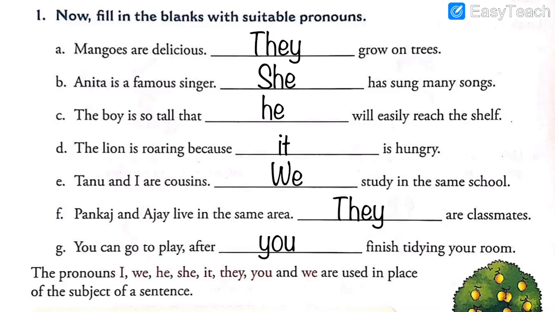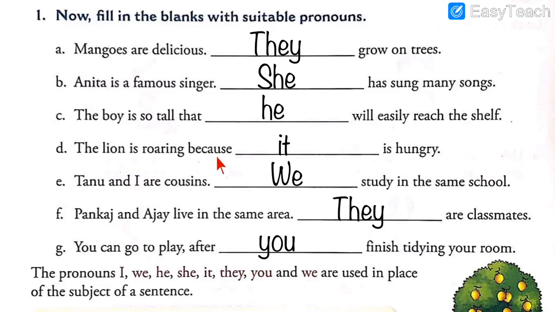Just I will read the sentence because explanation part has got over in the previous video. Exercise 1. Fill in the blanks with suitable pronouns. Mangoes are delicious. They grow on trees. Anita is a famous singer. She has sung many songs. The boy is so tall that he will easily reach the shelf.